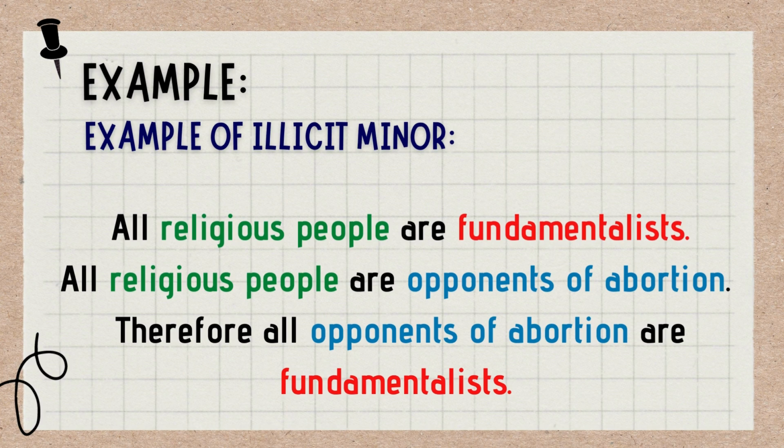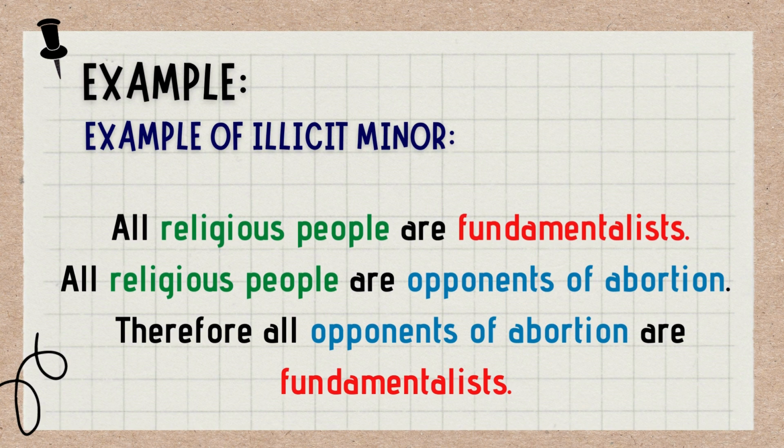In the conclusion, we have all opponents of abortion, so opponents of abortion is distributed in the conclusion, whereas in the minor premise it is not distributed. Only all religious people is distributed. So this syllogism has committed the fallacy of illicit minor.